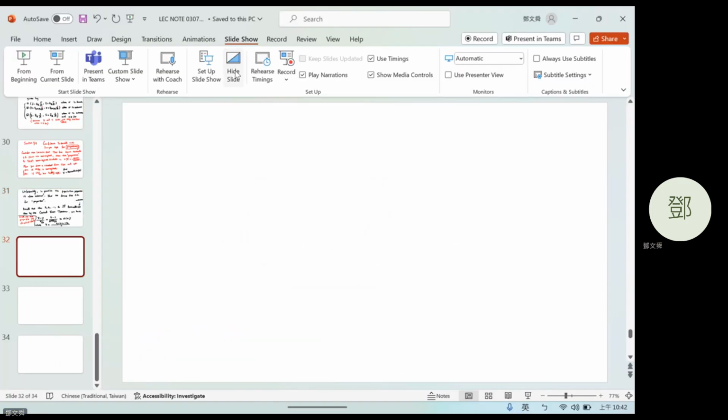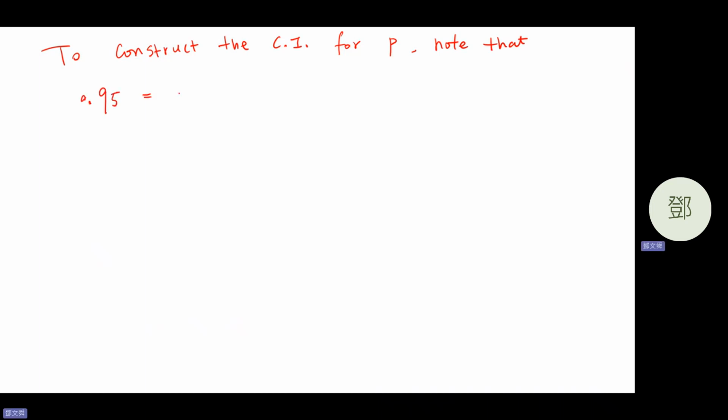So again, let us begin with this. Note that 0.95 is equal to the probability that something is smaller than 1.96.